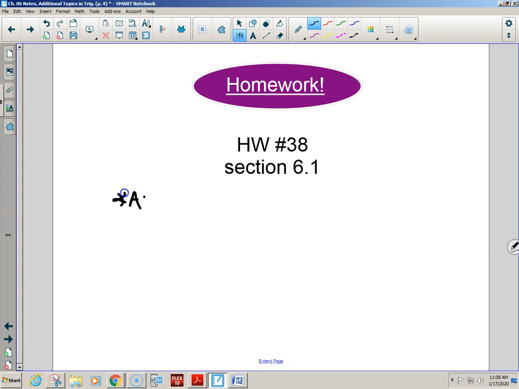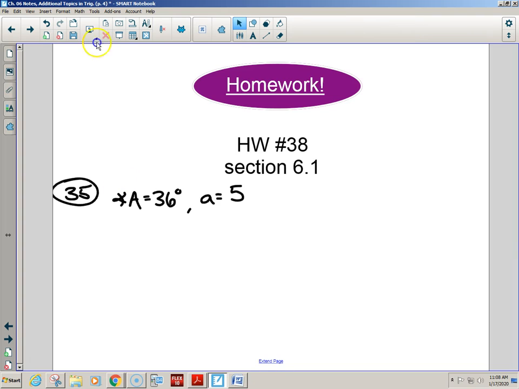Angle A equals 36 degrees, and then the little a is 5. I think this one's awkward too, if I remember, because it's giving you that opposite side. It's not giving you the adjacent side like 62 did. So here, I'm gonna do this one. Ready? Protractor, because we can do that. Okay, I'm gonna spit out a 36-degree angle.